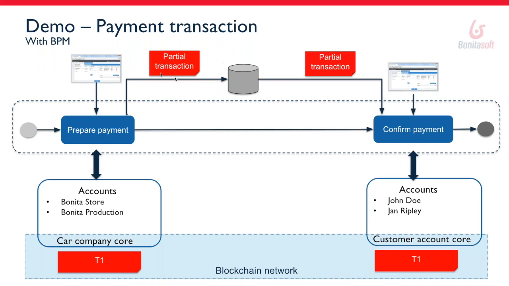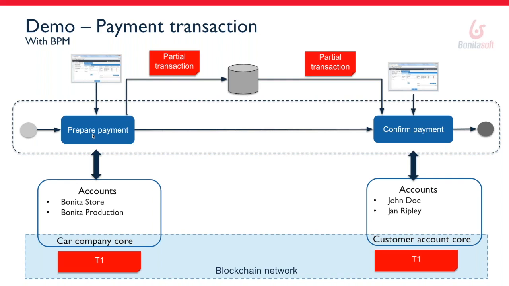Basically, we will have a dedicated application where the user will enter the information to prepare the payment, saying, well, I want one car and I want to pay $50,000 for it, for example. Here, the platform will be in charge of interacting with the car company core. In our case, through a connector, it will connect to the blockchain network participant.